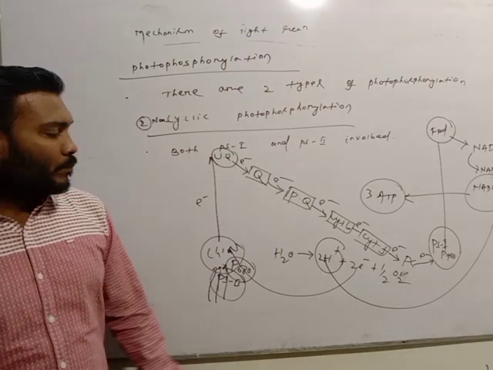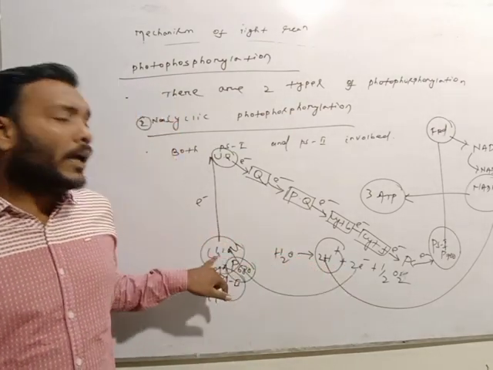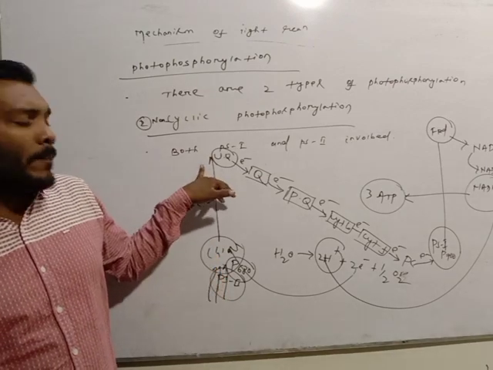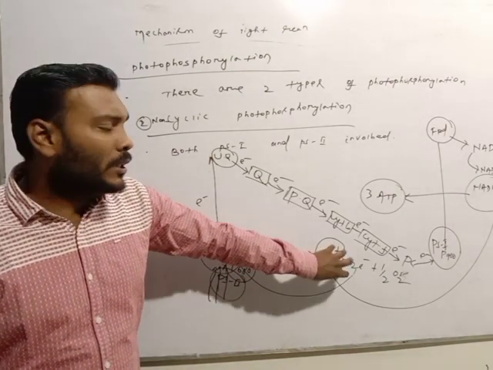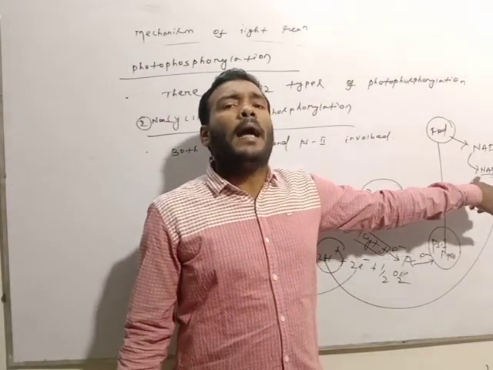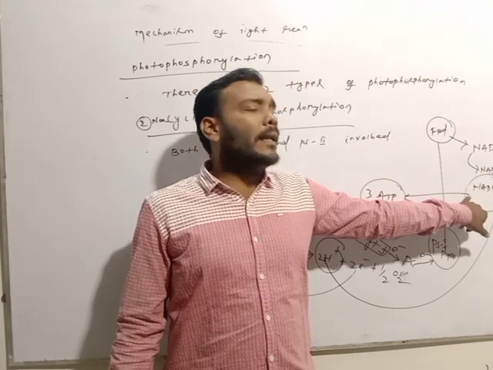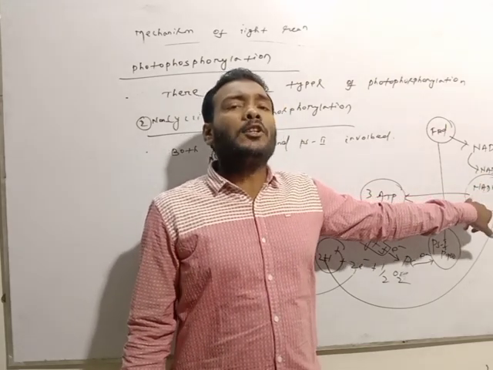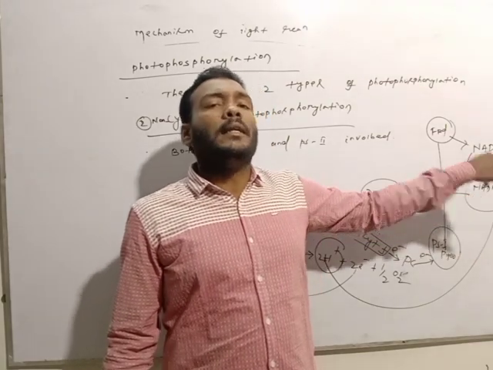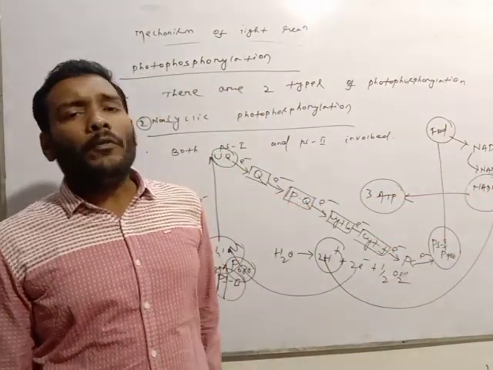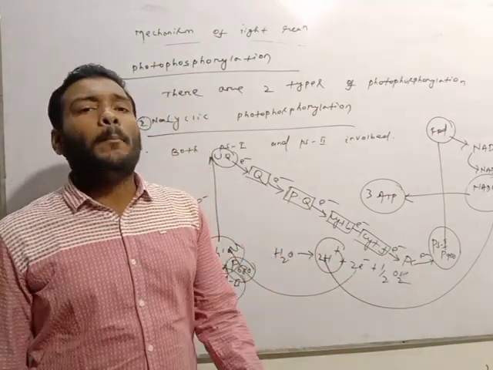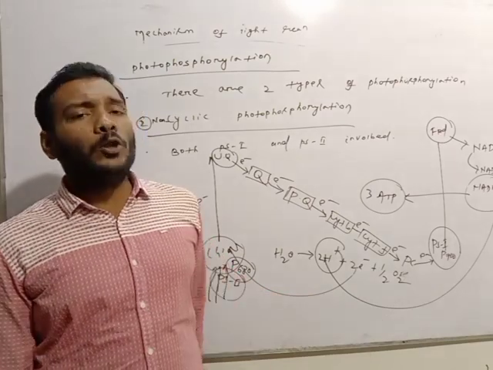The electrons go to PS2 and the reaction continues, and the 2H plus is used by NAD to form NADH2. The oxygen molecule is released as a byproduct. Is it clear to all?